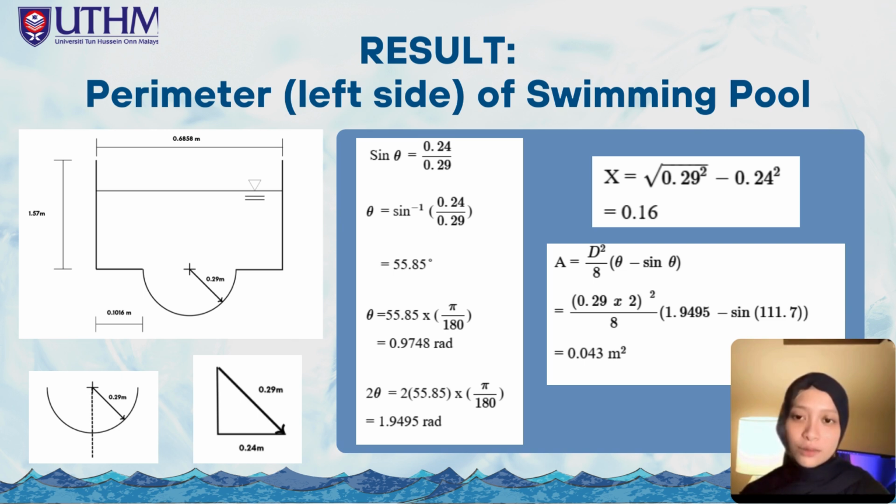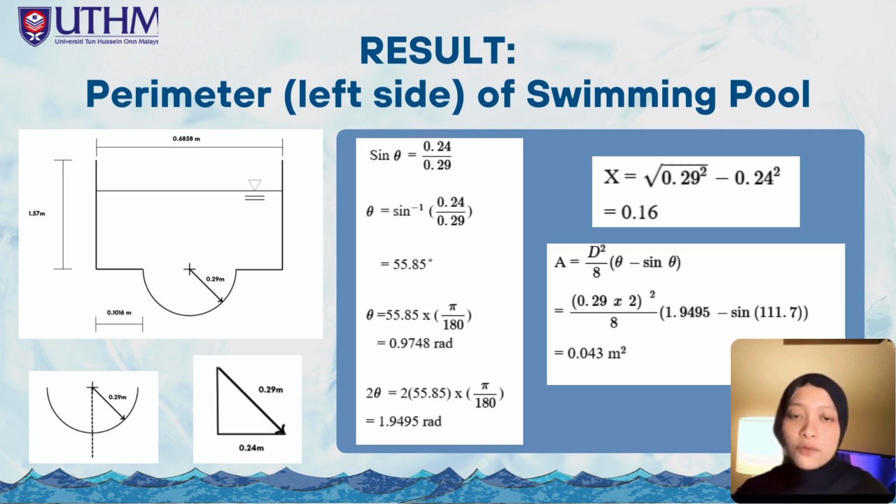Then next, to determine the total area, first we need to analyze the circular bottom segment of the swimming pool perimeter drain. Based on a radius of 0.26 meters and a lateral distance of 0.24 meters, we use trigonometry to find a central angle theta, which is 55.85 degrees, or 0.9748 radians.